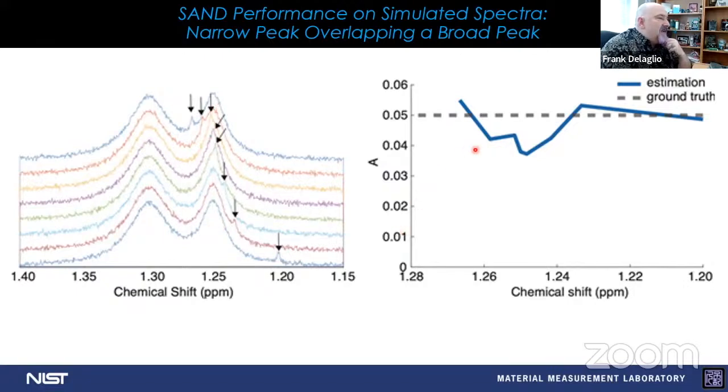But what's exciting to notice is these are the estimations that come out by SAND, and SAND is able to identify this smaller peak and its correct chemical shift to within about 0.04 amplitude. So that's kind of remarkable.